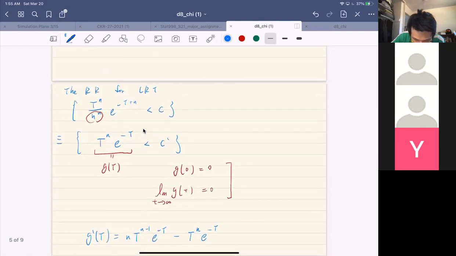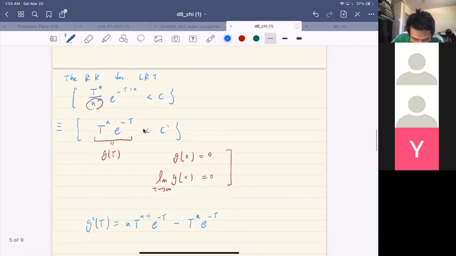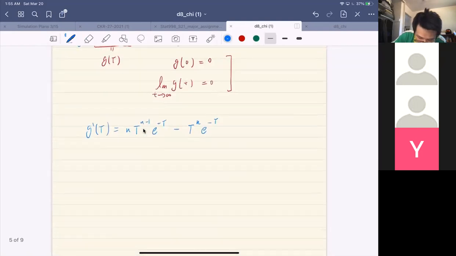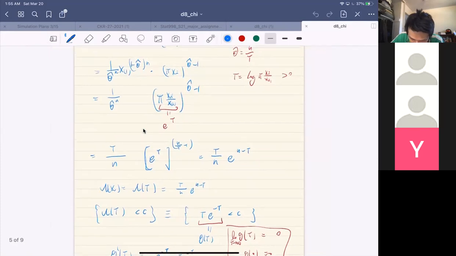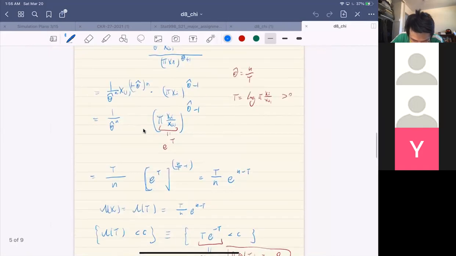Why doesn't it look like what I expect? Let's solve this first.